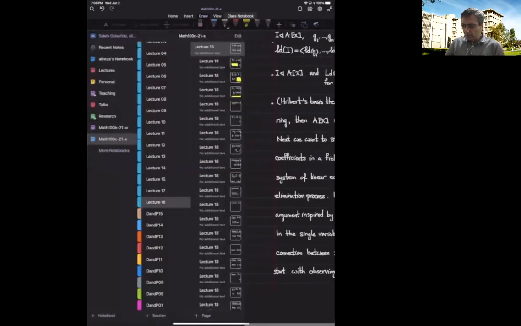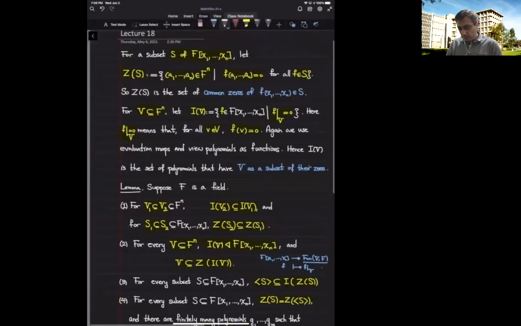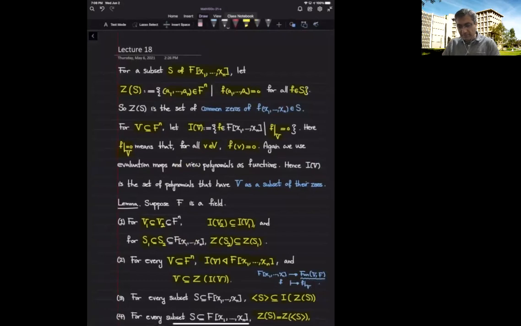For a given family of polynomials, say S is a subset of the ring of polynomials, it might be finite or infinite. Let Z of S be the common zeros of all the polynomials inside S.